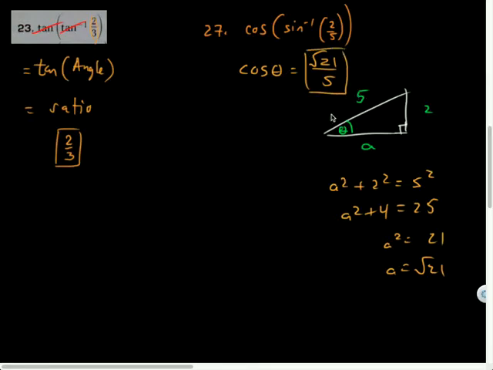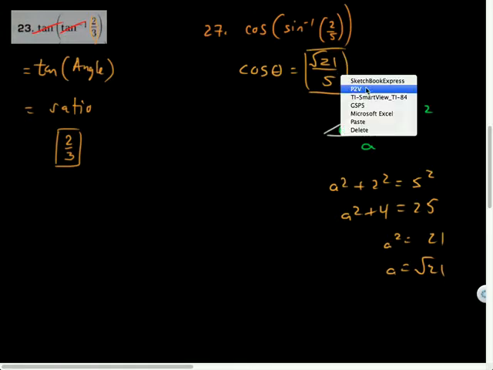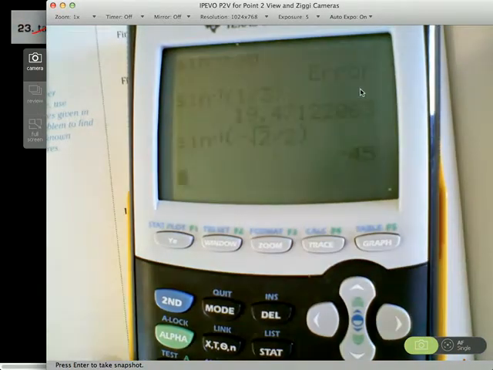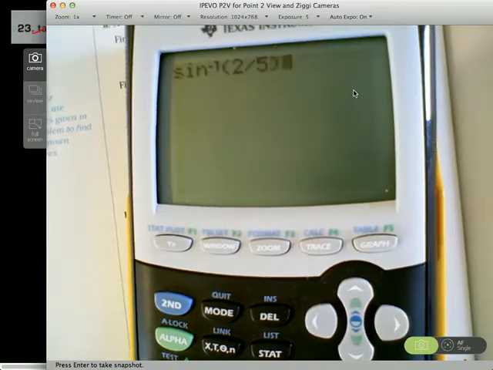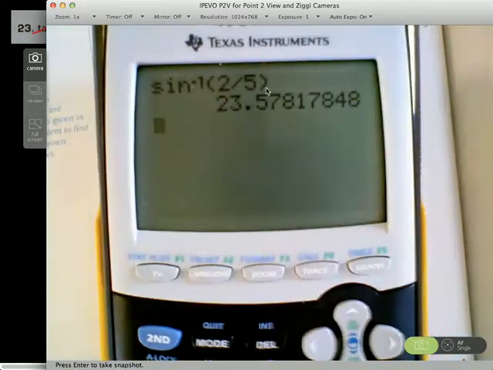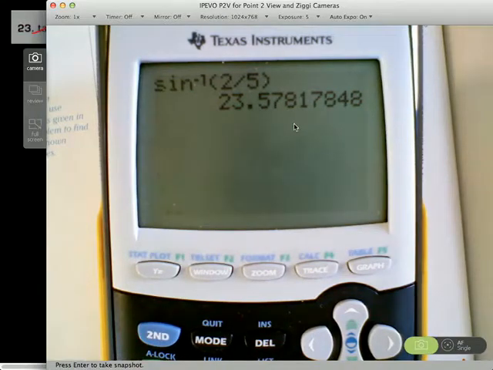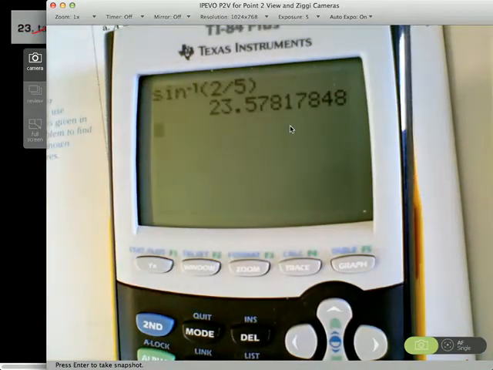Now I'm interested to see what happens if we plug this in a calculator. First of all, it's not going to give us the square root of 21 over 5. But let's see. So sine inverse of 2/5. The actual angle measure is 23.58 degrees.